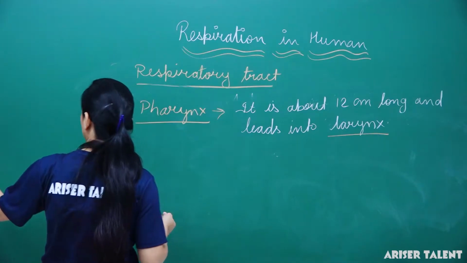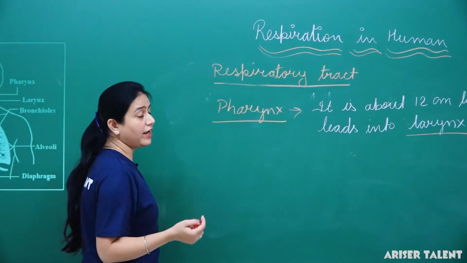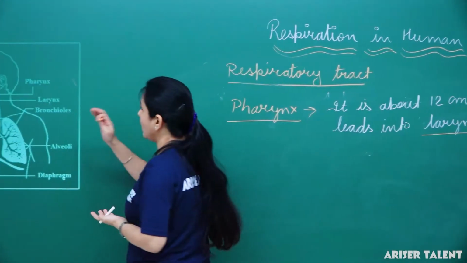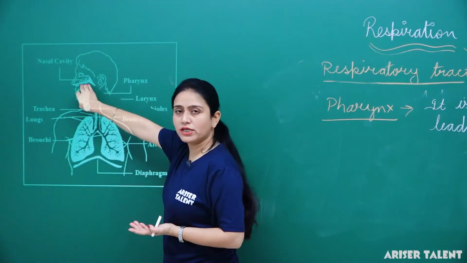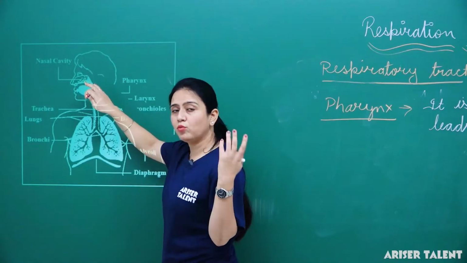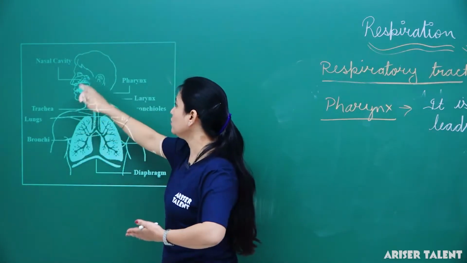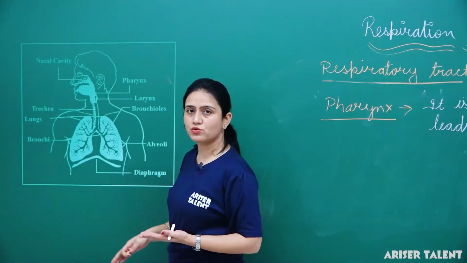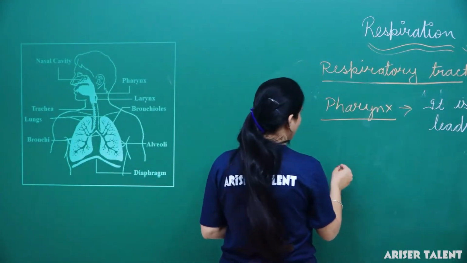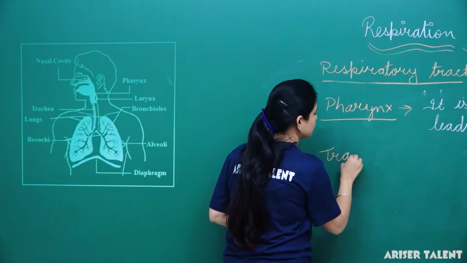Now let me tell you the respiratory tract. What happens, students, when the air enters the nostril, then it goes into the nasal cavity, it gets warm and becomes dust free, then it goes to the pharynx, pharynx to larynx, and larynx to the trachea. Now what is the trachea?